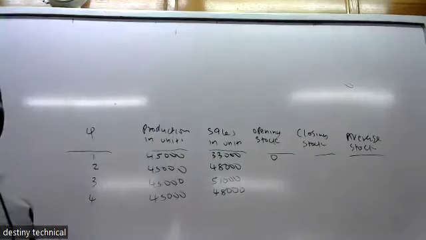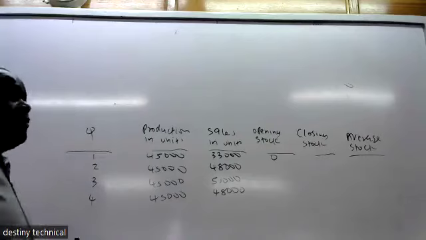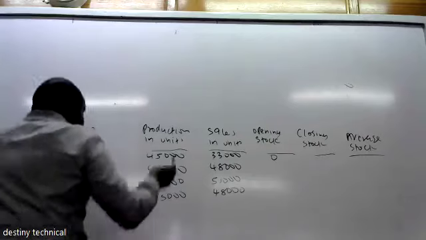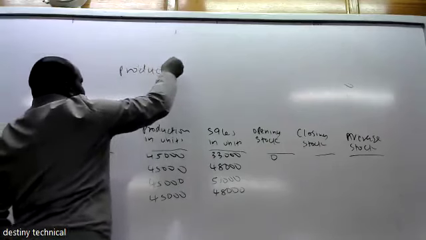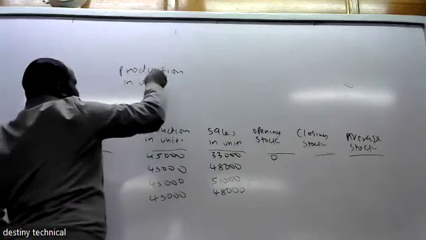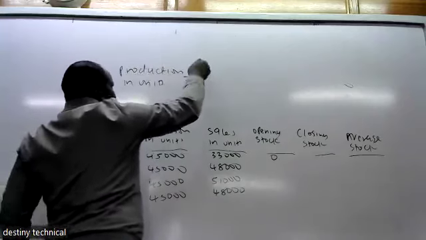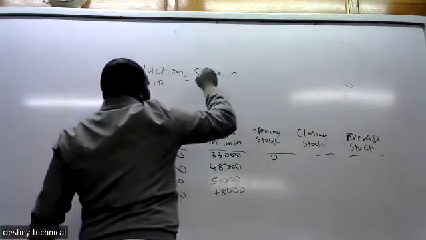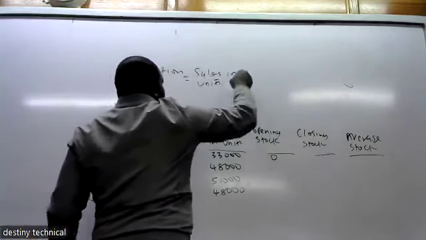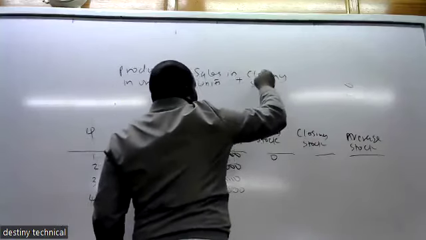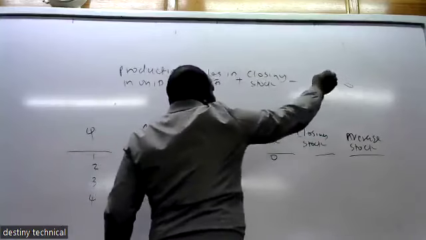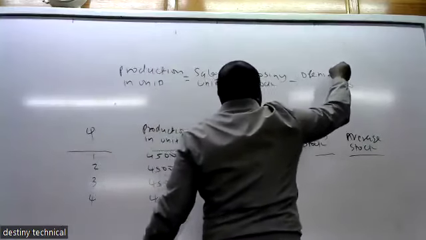When you want to calculate the production in units, we normally take the sales in units, add the closing stock, then subtract the opening stock.